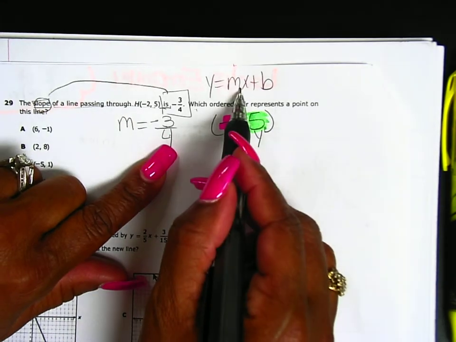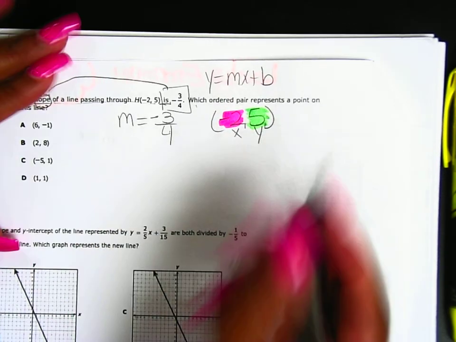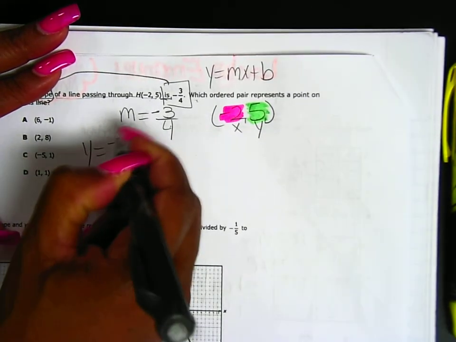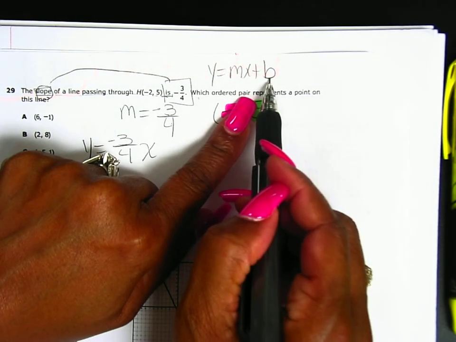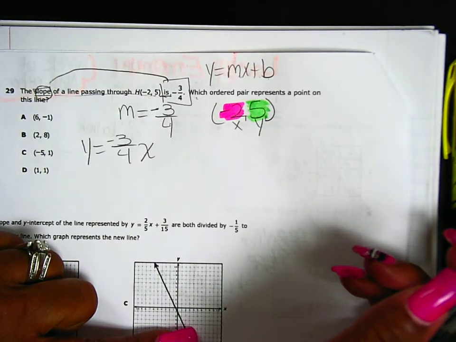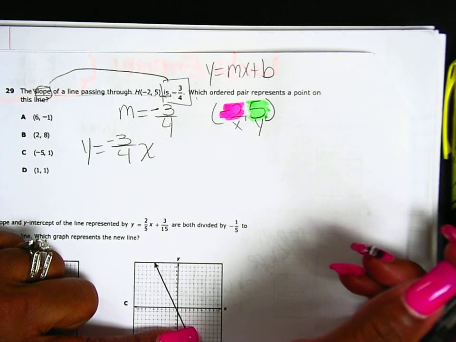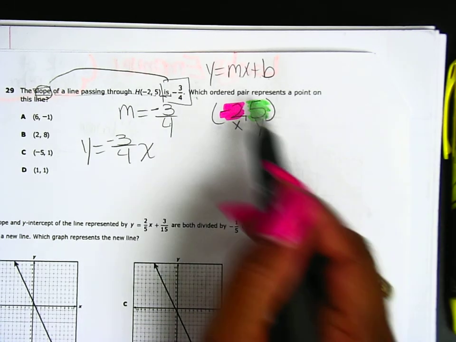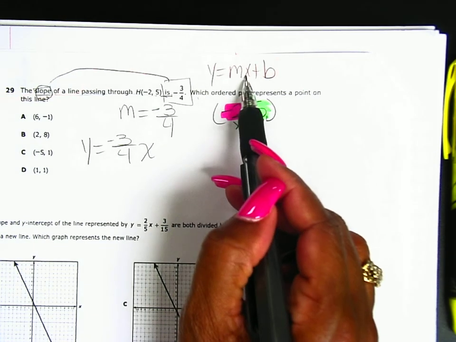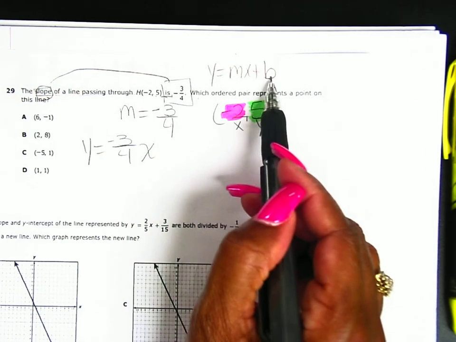You're right. I know the slope is negative 3/4. So y equals negative 3/4 x. What I do not know is my y-intercept. So I need to find it. Anybody say how you would find it? If I know y, I know x, and I know the slope, the only thing missing is b, right?